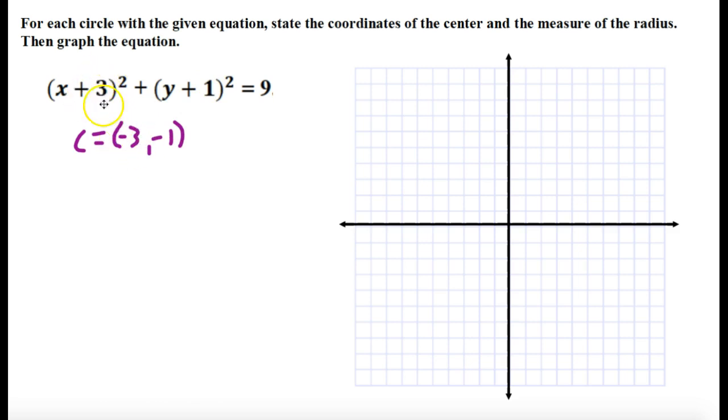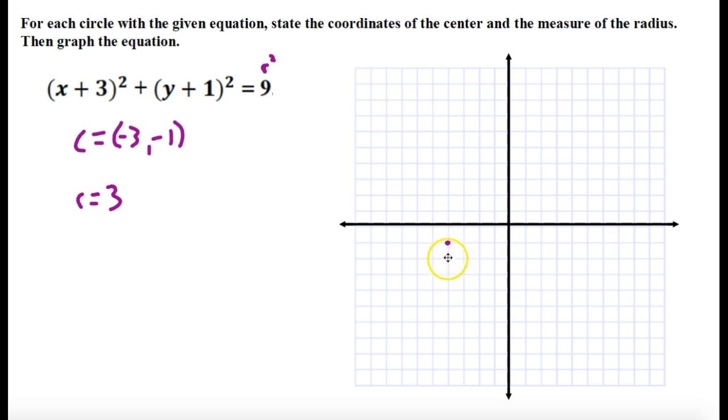So the x coordinate would be -3, y coordinate -1, and then the radius is going to be the square root of this value, right? Because if this is r squared, the radius will be the square root of that. So the square root of 9 is 3. So if we go to -3, -1, that's my center.